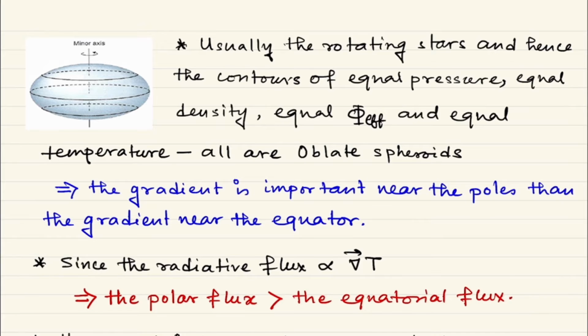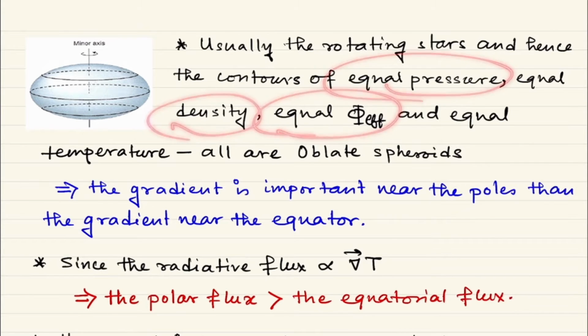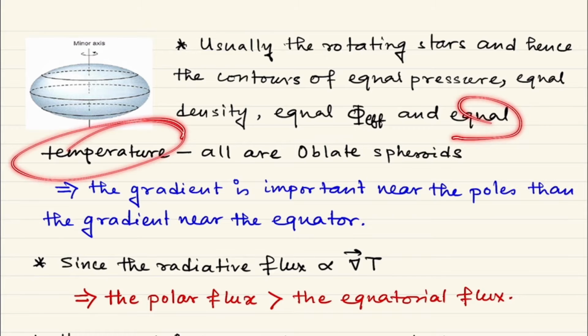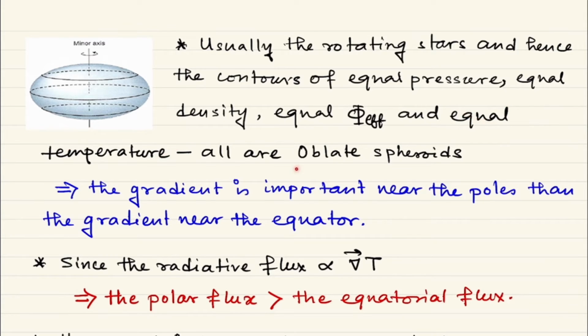And if the rotating stars themselves are oblate spheroids, then the contours of equal phi effective, equal pressure, equal density, equal temperature are all oblate spheroids.